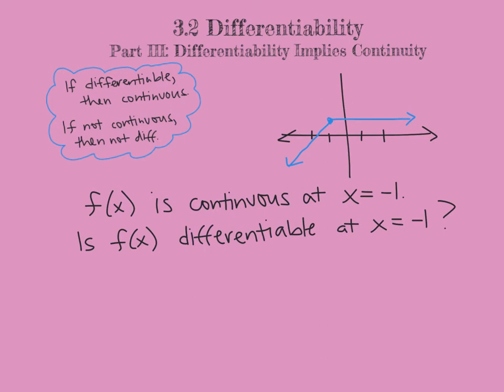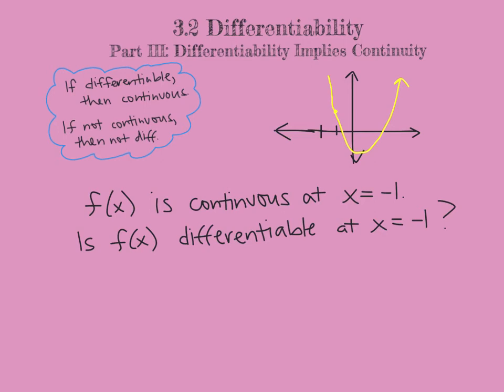I'll draw a situation where we could be. So here's a situation where we're continuous at x is -1. Just some quadratic function, some parabola. It's continuous at x is -1, and it's also differentiable there. However, just because we're continuous at a point does not necessarily mean we're differentiable.